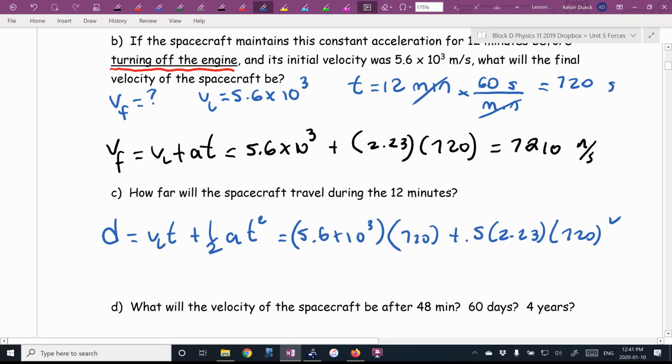We're going pretty fast. We're going 5.6 times 10 to the third meters per second. That's 5.6 kilometers a second. And we're traveling for 720 seconds. You're probably going to get a fairly big answer, I suspect. Ethan, what'd you get?